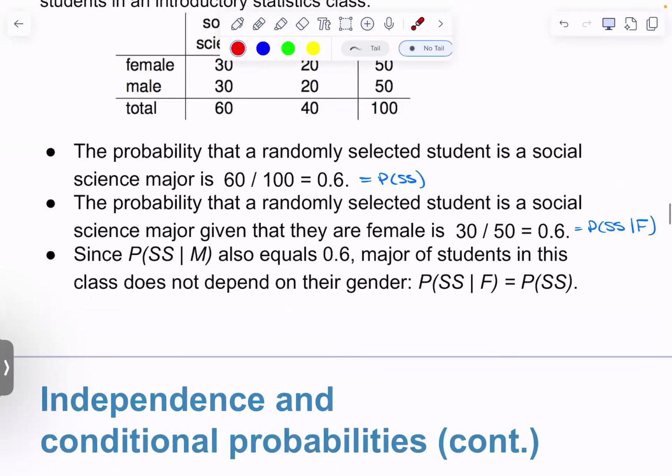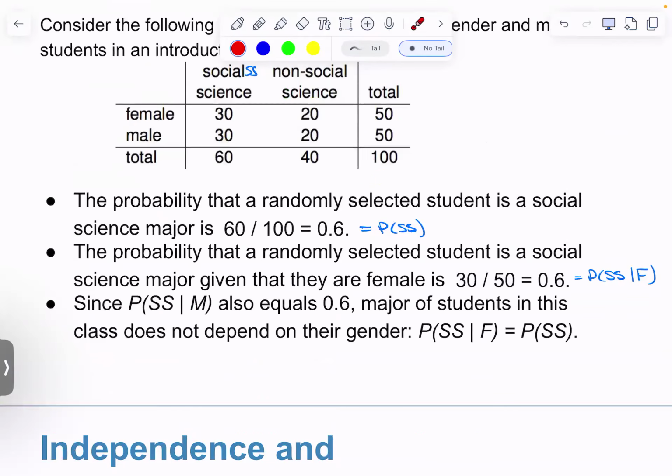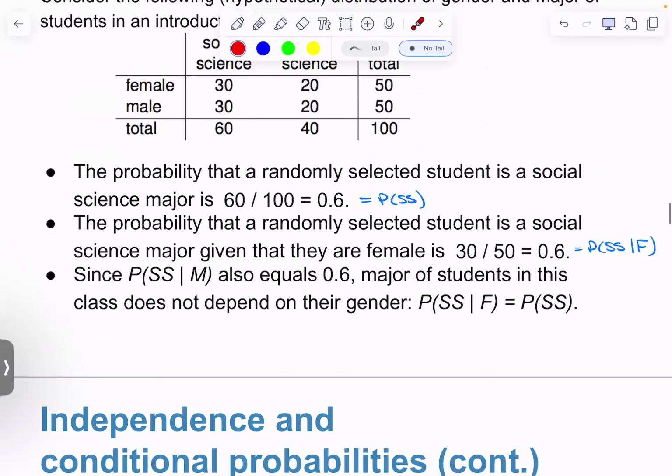Then if we look at the males, the probability of a social science major given they're male is also 0.6. 30 over 50, all these numbers are the same. So what we conclude is that the major of the students in this class does not depend on their gender.